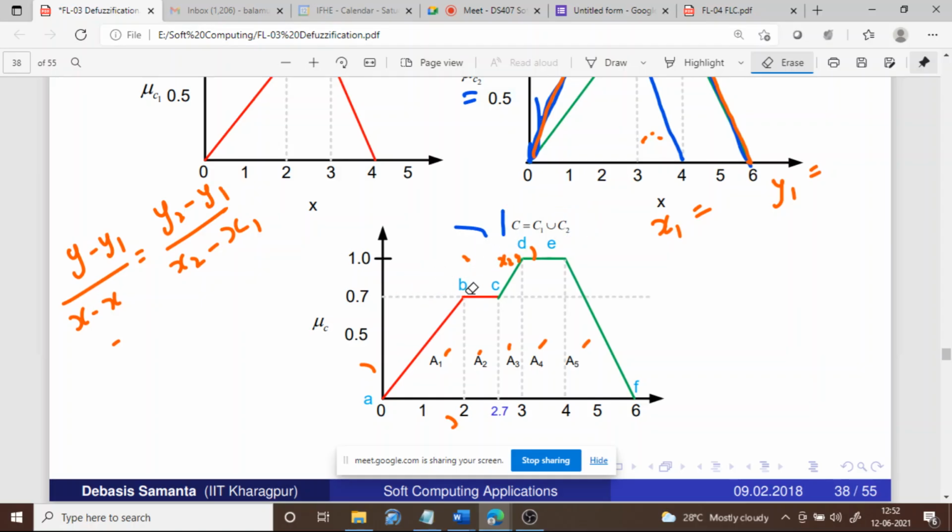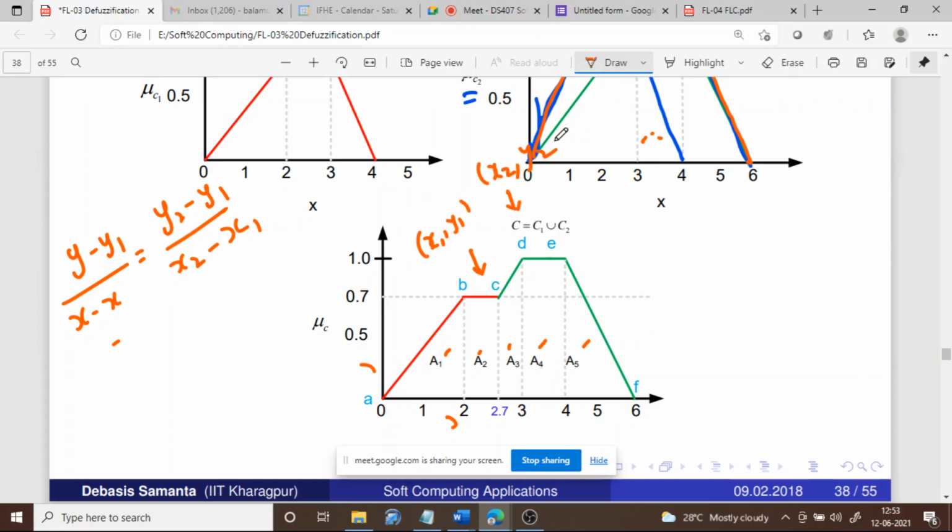But we have to calculate the next case, C2D, the area falling under this particular portion. So you take C2D. This point will be x1 y1, and this D point will be x2 y2.